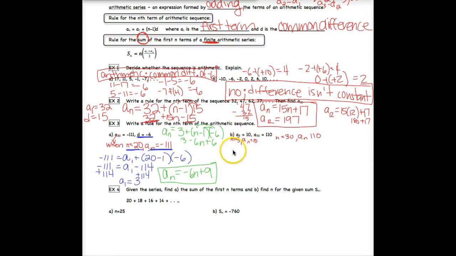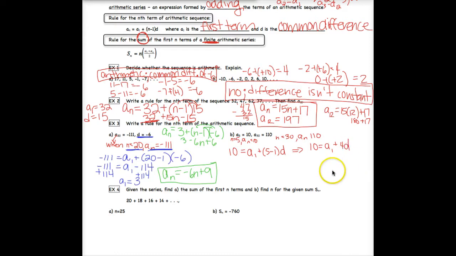This first one, a sub n is 10 equals a sub 1, which I don't know, plus n minus 1, which would be 5 minus 1, times d, which I also don't know. So I'll simplify that. So that's going to give me, when I move it over here, 10 equals a sub 1 plus 4d.